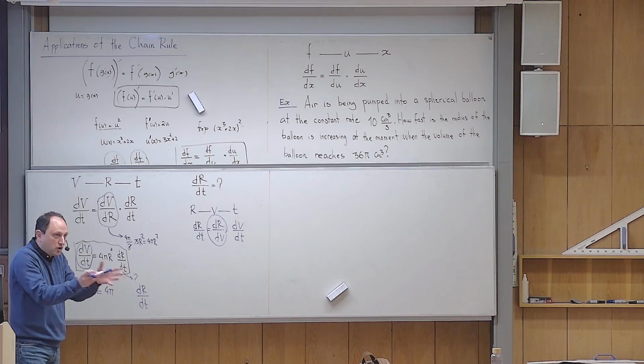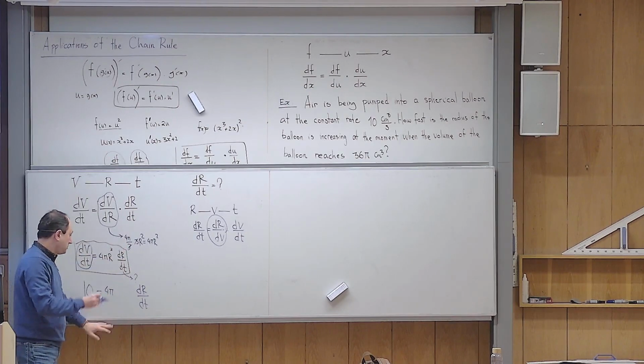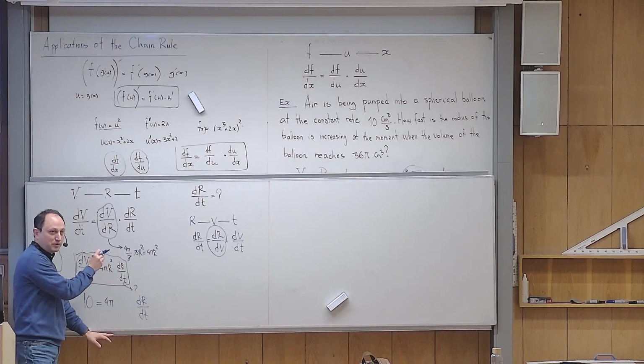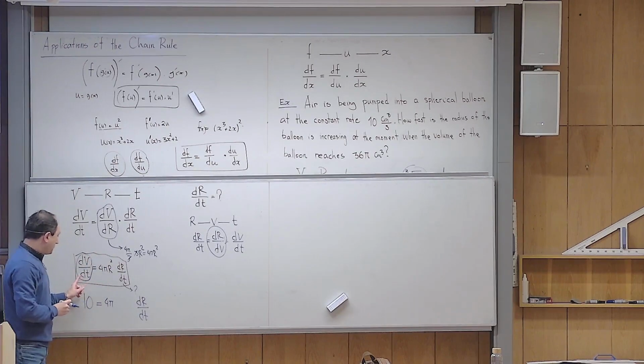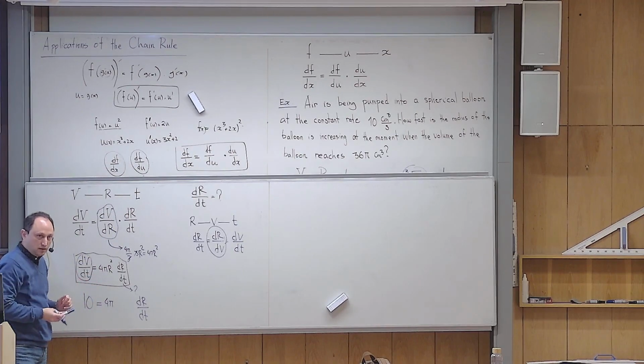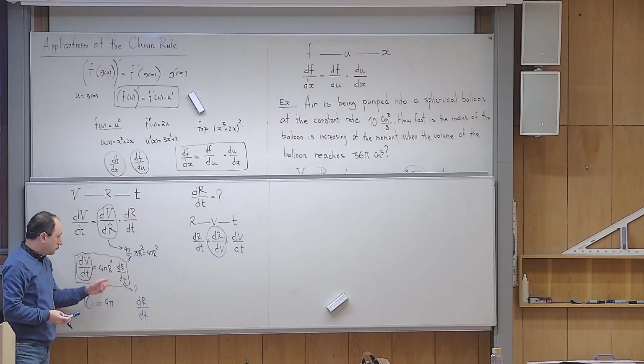Which one of those r's, according to the problem, I have to put here for r? I just want everyone to think about the question. This one, I don't care about which time I am looking at dV/dt, because according to the problem, that's constant. Okay? But here, which r should I put here?